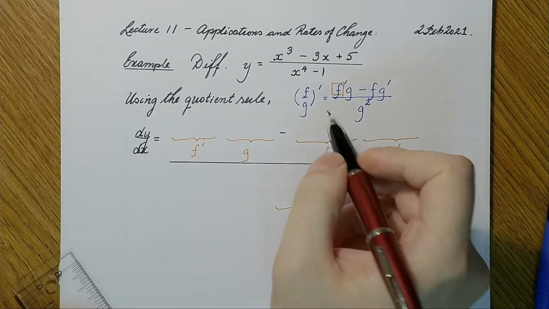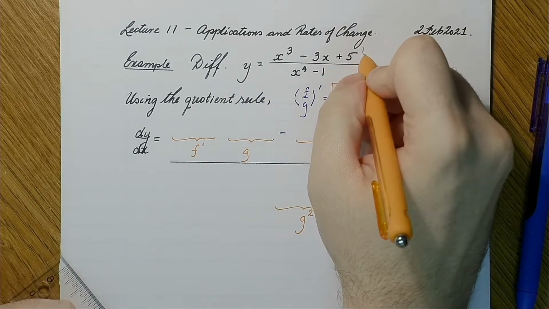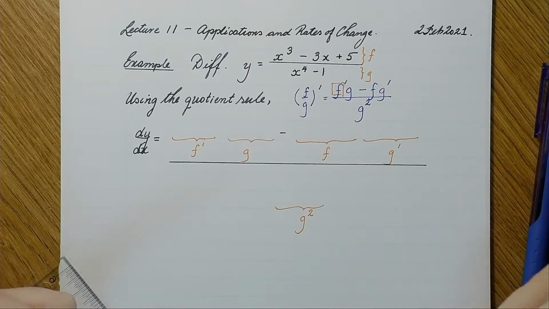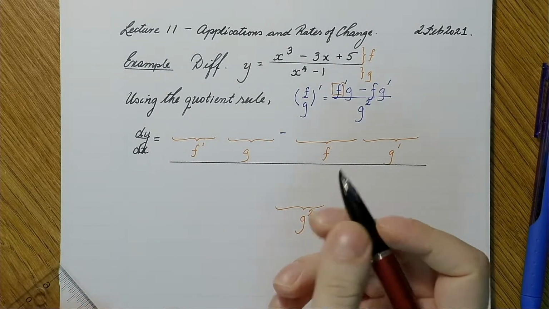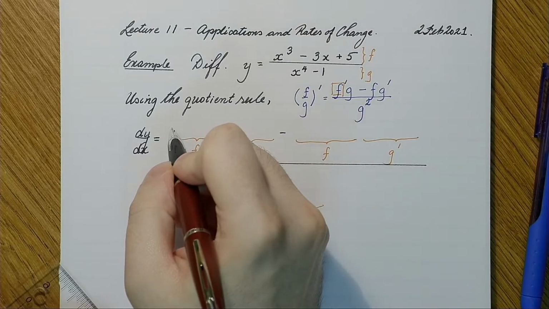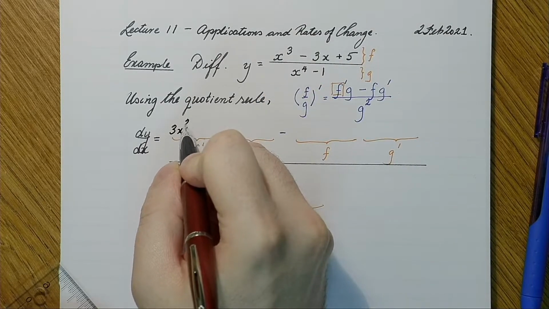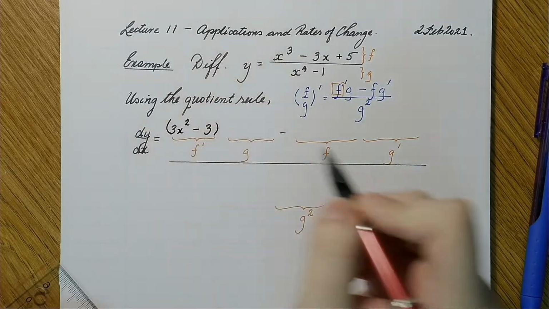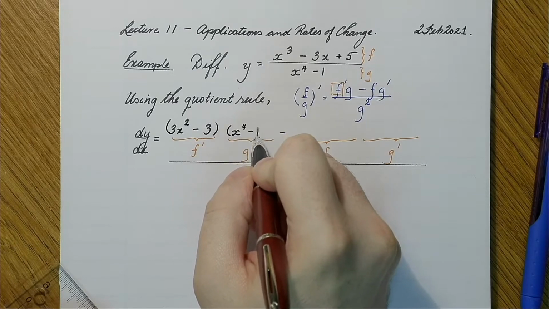So we're going to take the derivative of the top function right here. This is our f, and here's our g. Taking the derivative of the top function, we have 3x squared minus 3, and we write the g function again, x to the fourth minus 1.